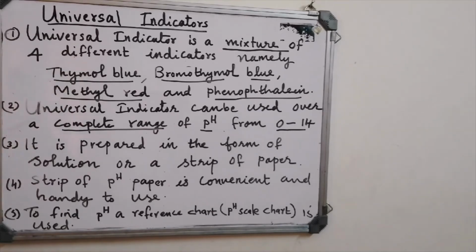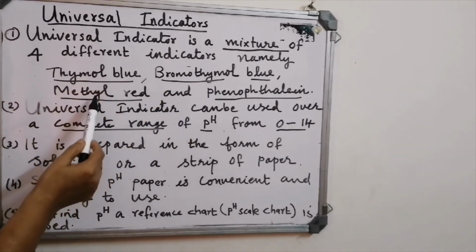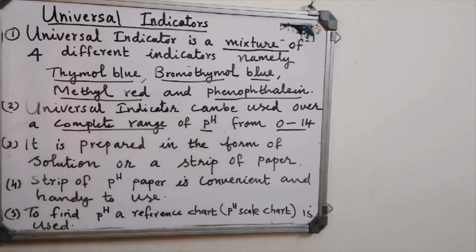They are thymol blue, bromothymol blue, methyl red and phenolphthalein. Universal indicators can be used over a complete range of pH from 0 to 14. It is prepared in the form of a solution or a strip of paper. The strip of pH paper is very convenient and handy to use.